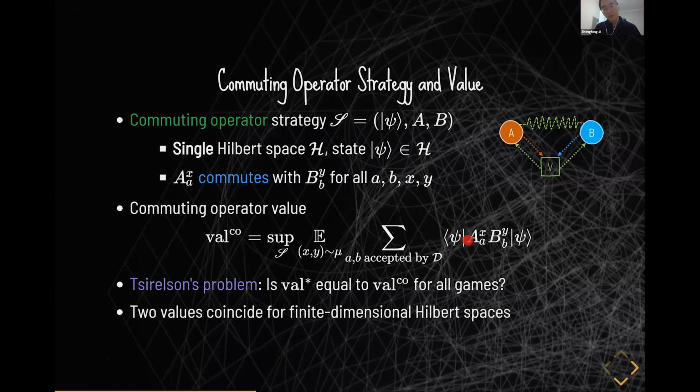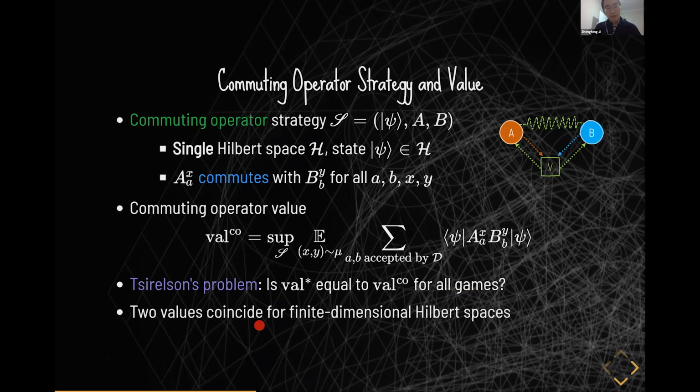Very similar formula, but you don't have a tensor structure, so you don't have a tensor product between the operators. And still you're maximizing over all the strategies of this probability the players can win. Now the Tsirelson's problem that we referred to earlier is: are these two definitions the same? Do they give you the same game value for all games?